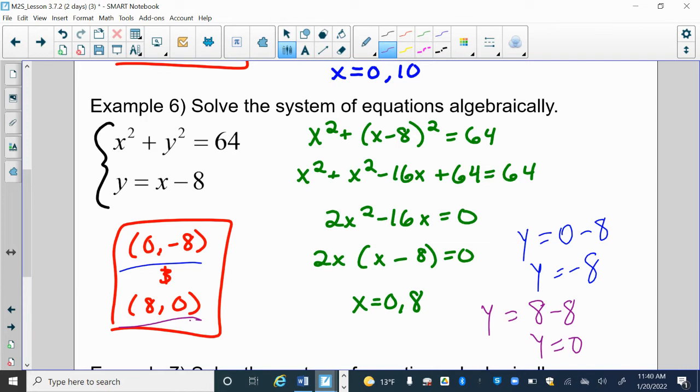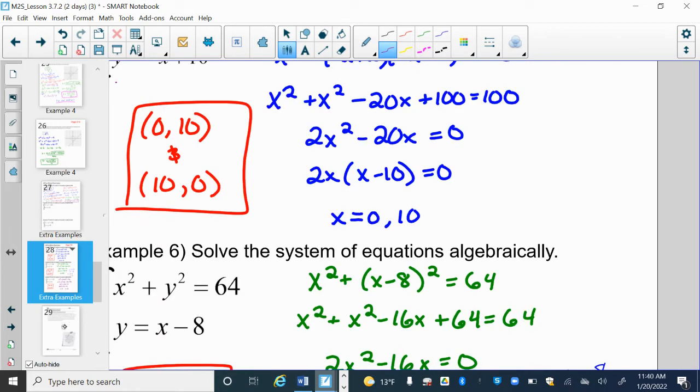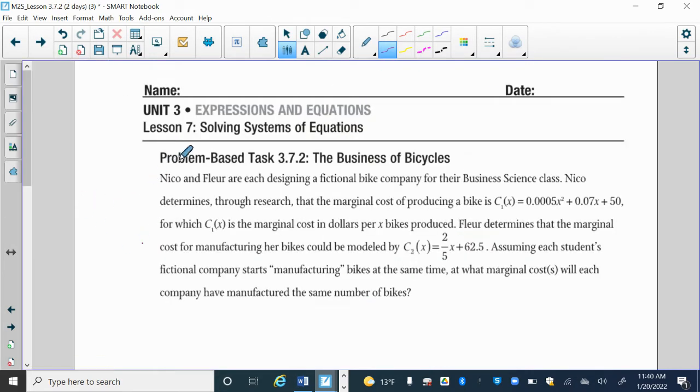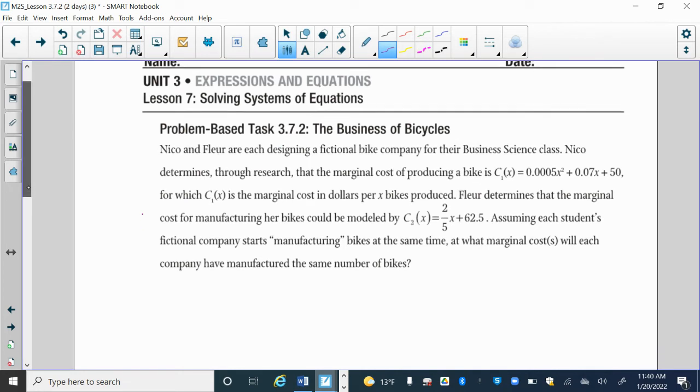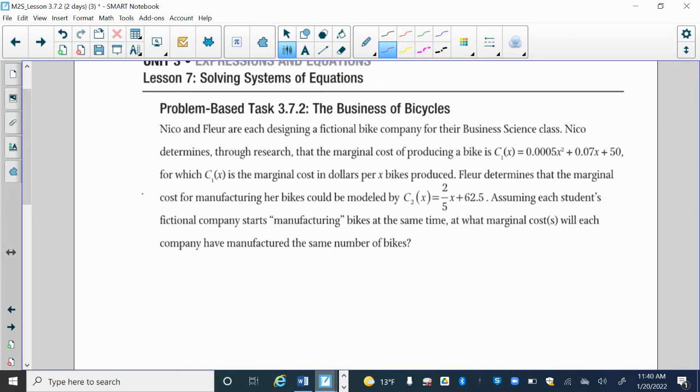Let's do a word problem. Okay, so if we go in our textbook, flip the page to our problem-based task for here. Okay, and let's work through this one. So if we read through the problem, it says Nico and Fleur are each designing a fictional bike company for their business science class. Nico has this marginal cost of producing a bike with this equation here.